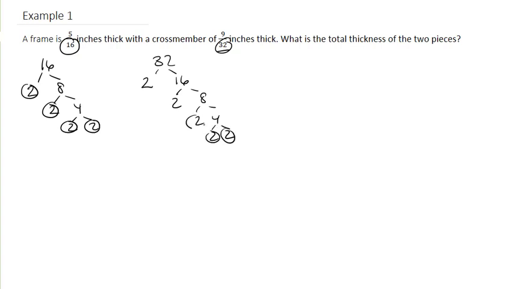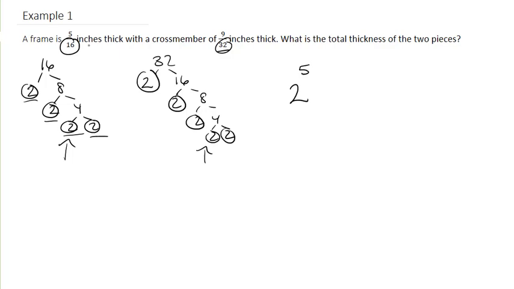So we can see that 16 and 32 are pretty similar, except 32 is multiplied by 2 five times together, and 16 only has 4. So we take each unique factor, which is 2, and raise it to the highest exponent between the two numbers, which is the 5th.